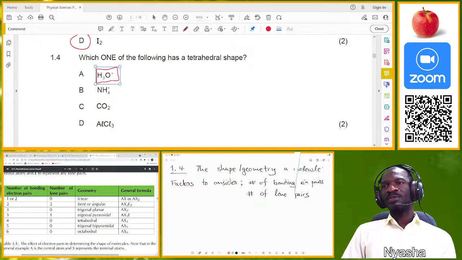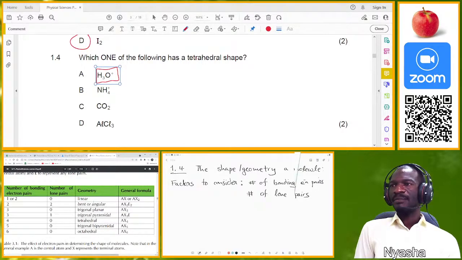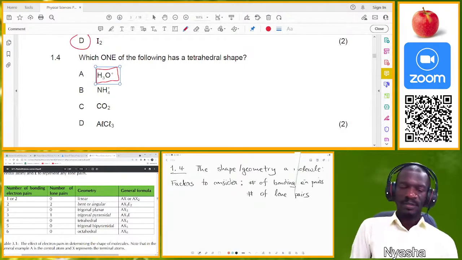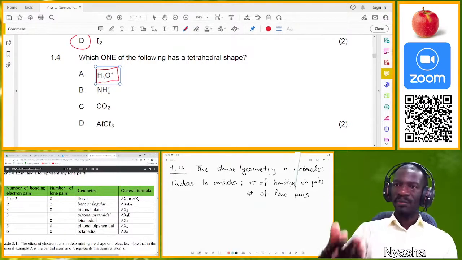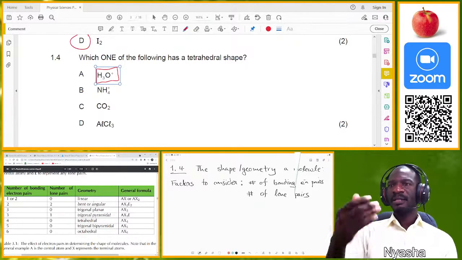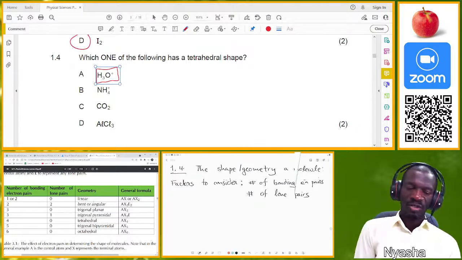However, if you want to see how to get to that, then you can make use of the basic principles. So I will write each molecule and see its bonding structure, determine its number of electron pairs, determine its number of lone pairs, and then figure out the geometry.